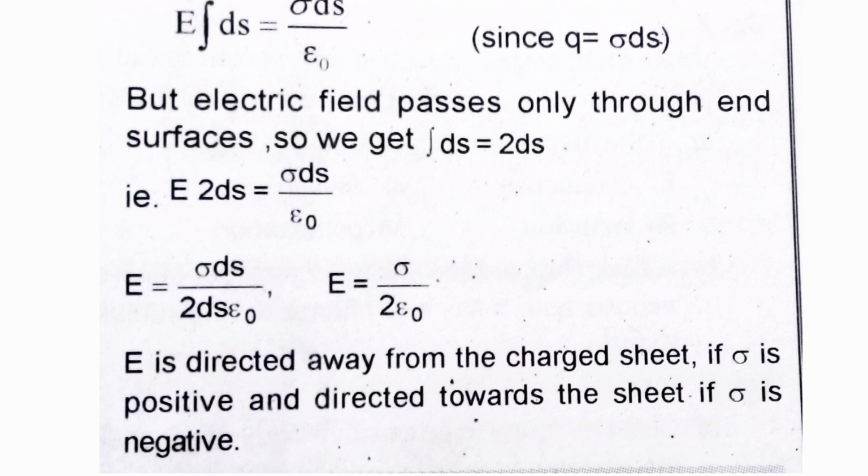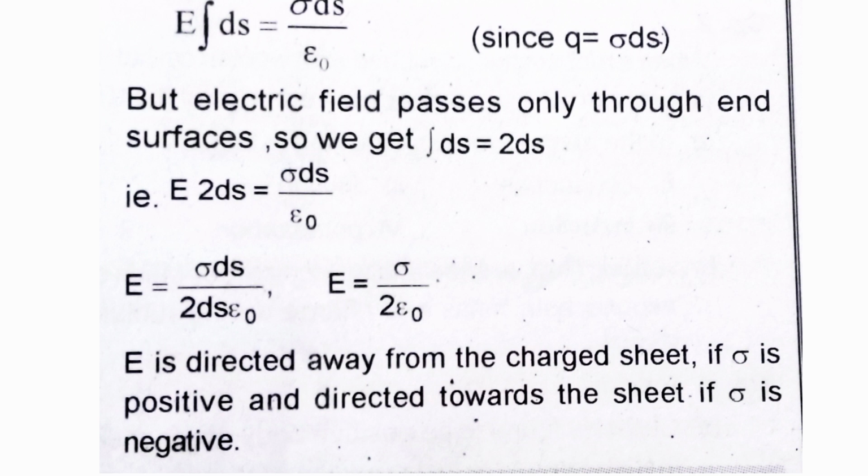Now we have to find the flux. Here we can see that there is no lateral flux, so the flux will be only through the end surfaces. Here we have ds as the cross section and E is the electric field. What will be the total flux through the two end surfaces?